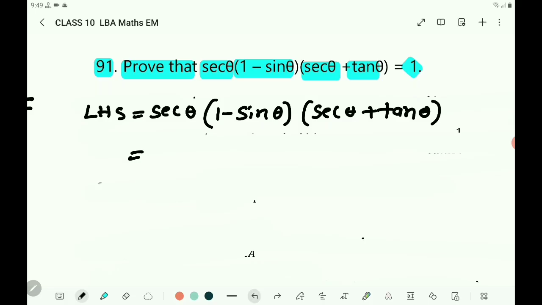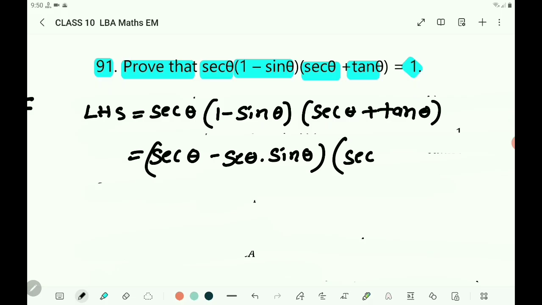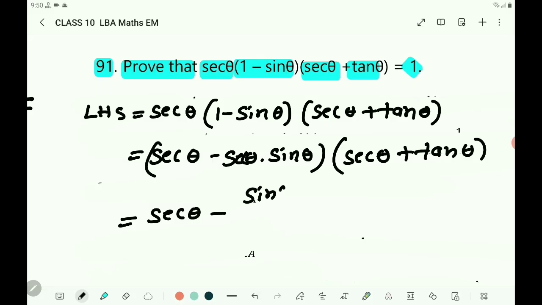Secant theta into 1 is secant theta, minus secant theta into sin theta, into secant theta plus tan theta. Write this secant theta as it is, minus, you can write secant theta as 1 by cos theta.